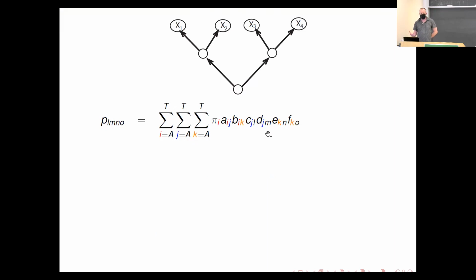Okay, and I want to find some polynomials in the p's that evaluate to 0 for any choice of the a's, pi's, all of this stuff here. So when I plug those in, I want it to evaluate to 0.